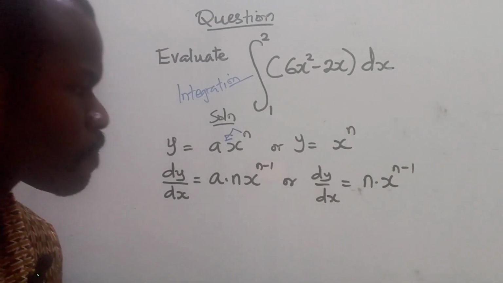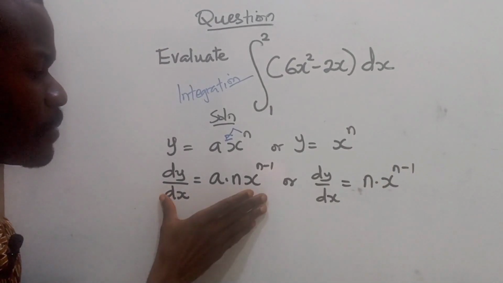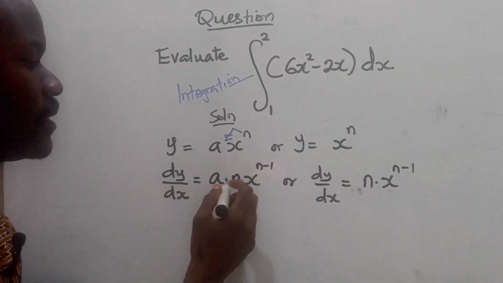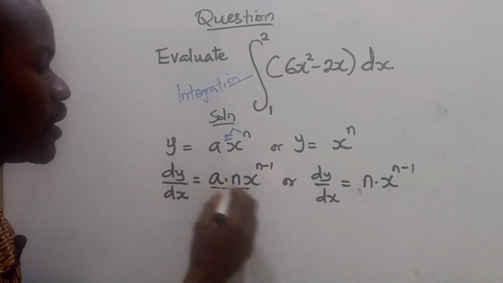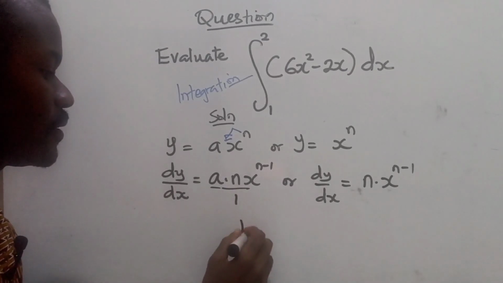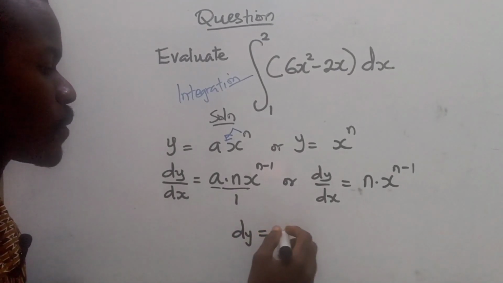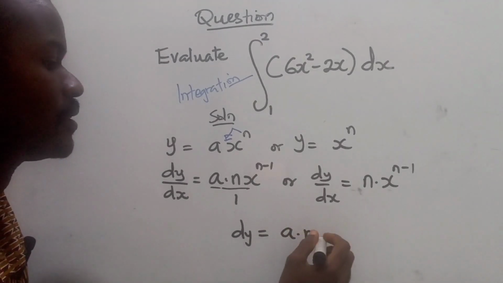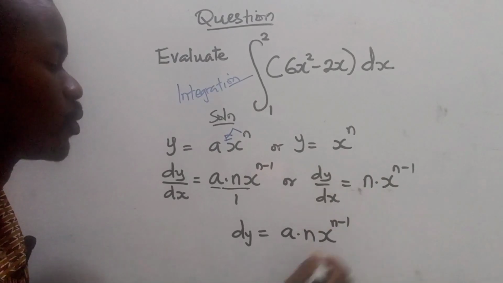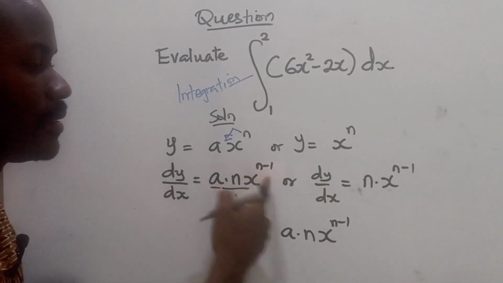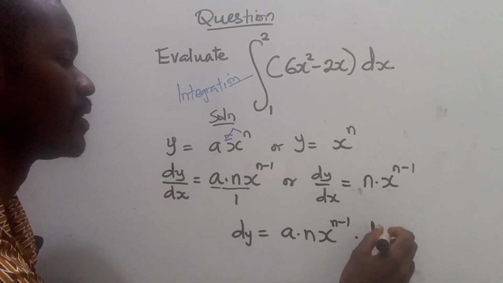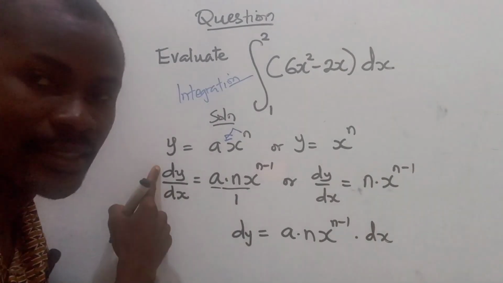So from this part, I can see that if I make this over 1, my dy over dx is equal to a multiplied by n x raised to power n minus 1. This is going to multiply this, so I multiply the x, and 1 will multiply this.